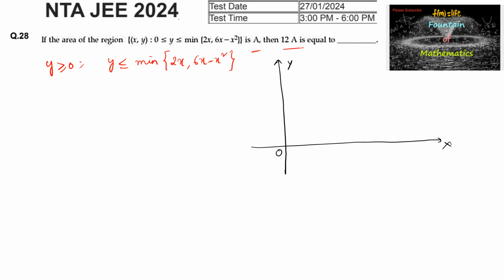6x - x^2, we can write it as x(6 - x), so we have the points 0 and 6 as the critical points. We can consider 0 and 6 as the points, and since it is a negative coefficient of x^2, the graph can be taken as inverted.